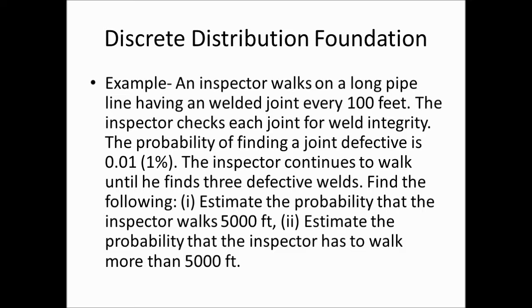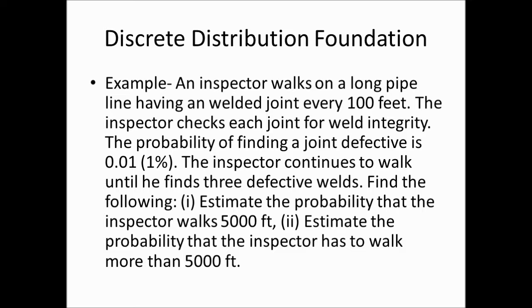So the inspector goes to a joint and checks for weld integrity. And the welding process used was such that it generated 1% defective. So on average, 1 out of every 100 joints is defective, the weld is not good. The inspector continues to work until he finds 3 defective welds.